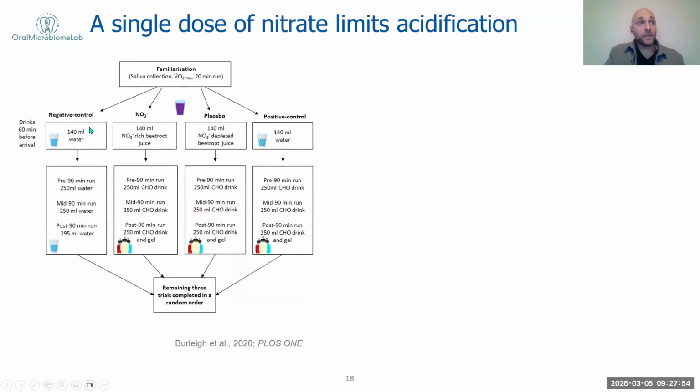It had a negative control where individuals consumed water before exercise and water during exercise. Then there was the nitrate condition where they consumed beetroot juice before the exercise and sugar-rich sport drinks during the exercise. The placebo condition where the nitrate was removed from the beetroot juice, and a positive control where water was consumed before exercise and sugar-containing drinks during the exercise.